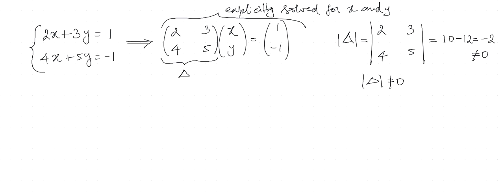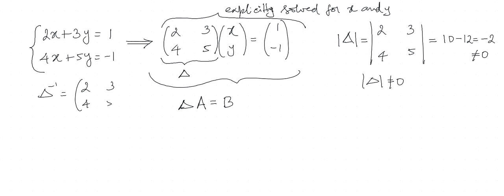We can write this complete thing as delta, and this x and y can be written as A, say A equals, and the other side is B. One thing is we could find the delta inverse, the inverse of the matrix 2, 3, 4, 5.